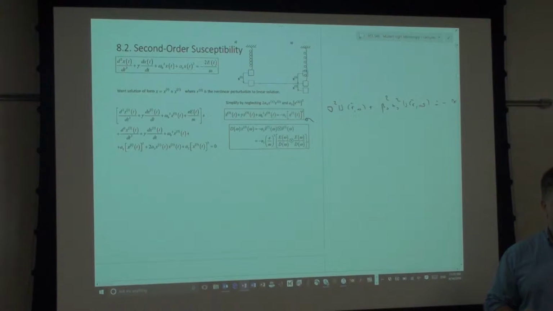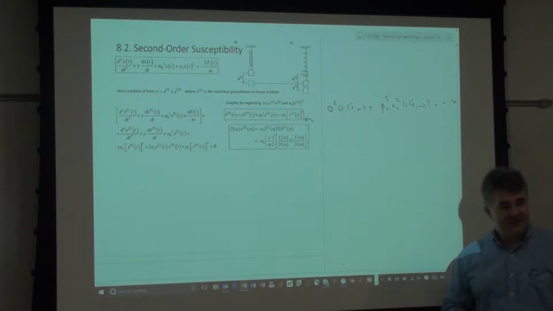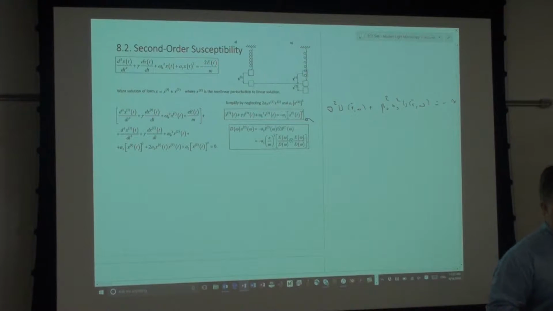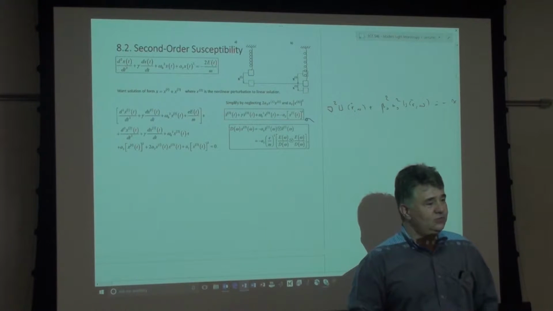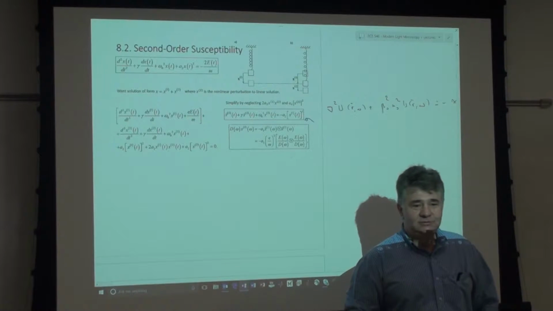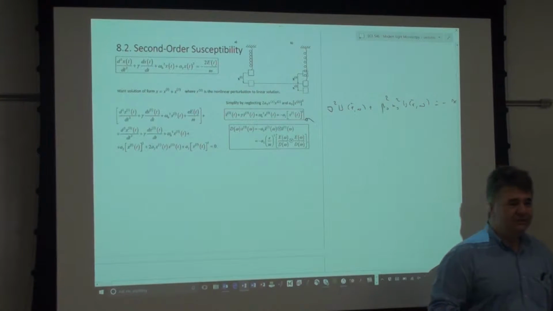Any idea? Okay, that's closer. It's 6 to the power 3, actually, if you count all of them. I'm going to show you where it's coming from, but think about this. 6 to the power 3, that's 216?